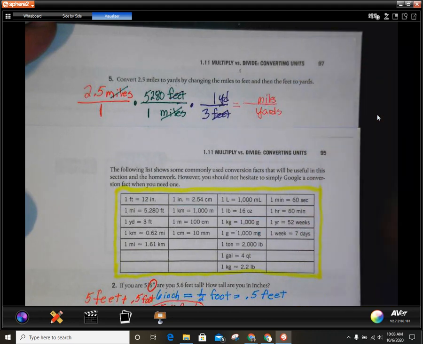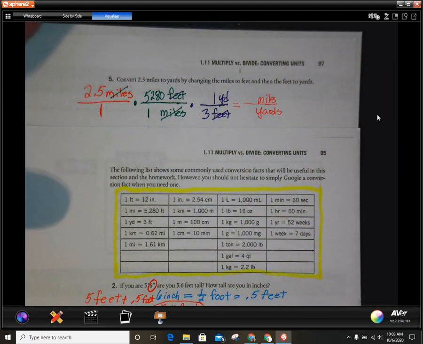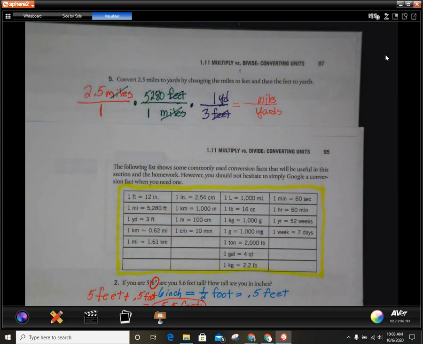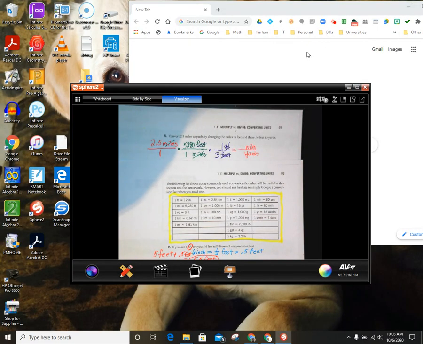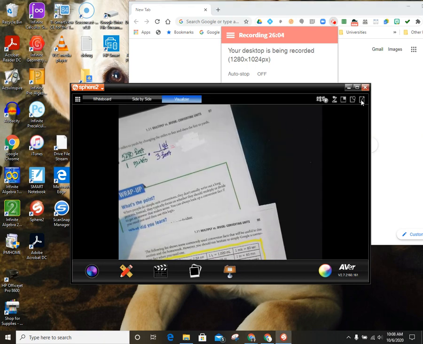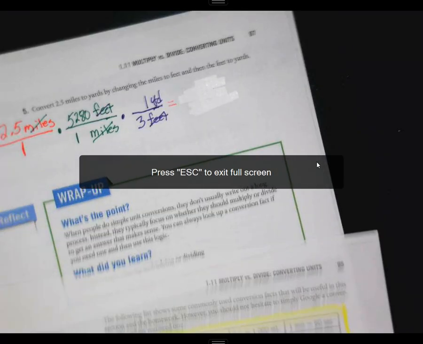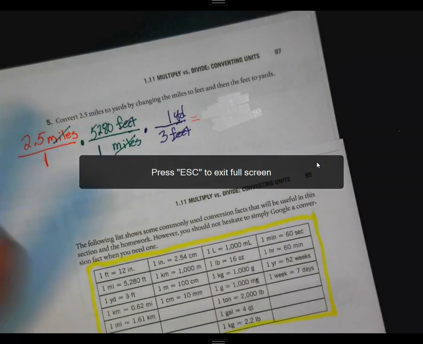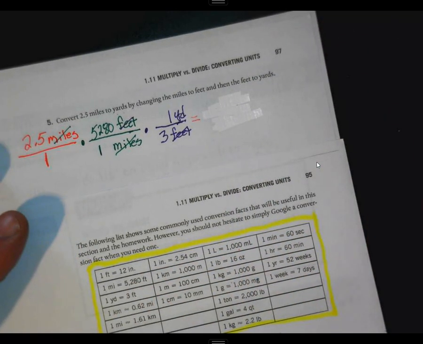And I screwed this up again. Hang on, I've got to get some better whiteout here. Okay, got some much better whiteout here.